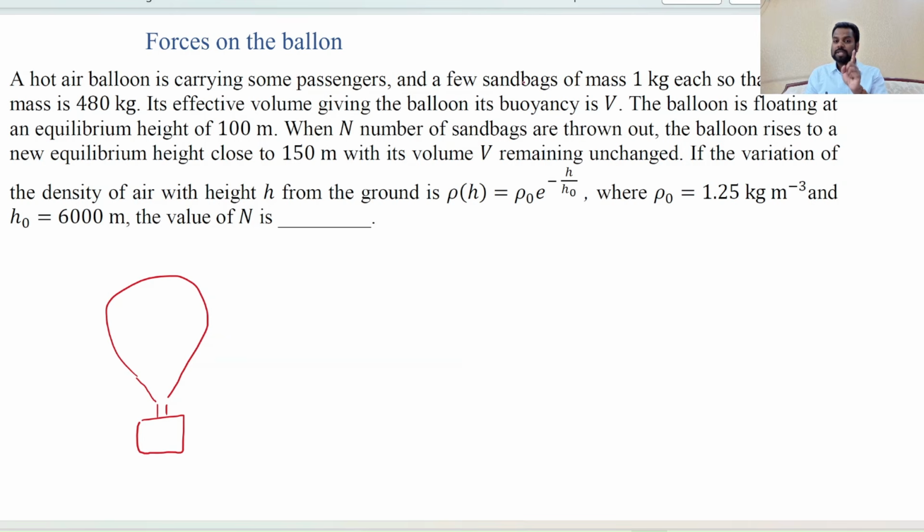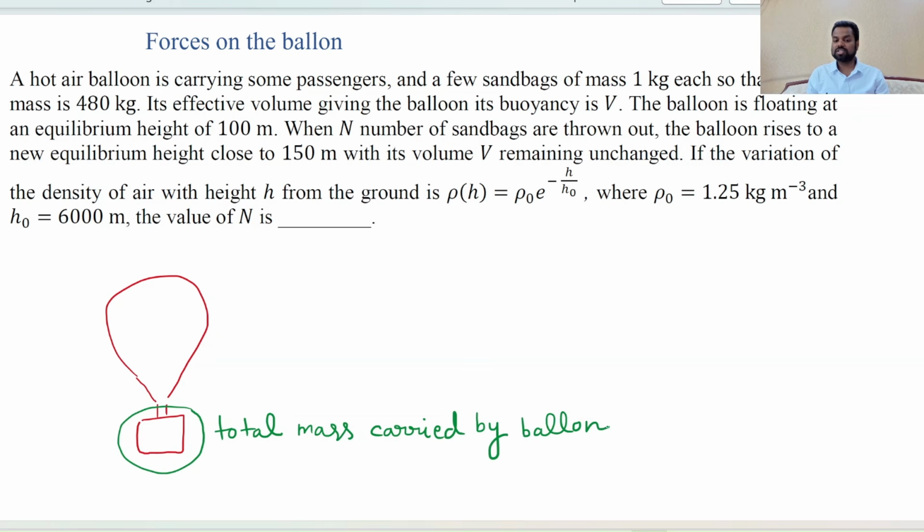A few sandbags of mass 1 kilogram each, so that its total mass is 400 kilogram. So the load, I am going to call it load. This is the total mass carried by the balloon, and that total mass is 400 kilogram.